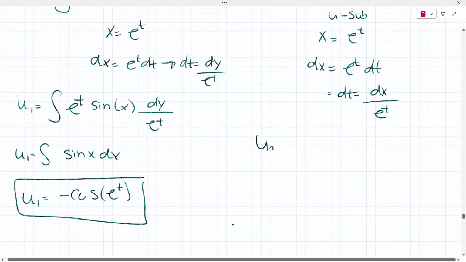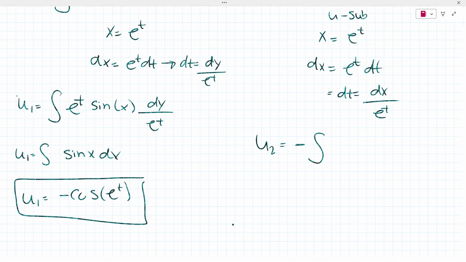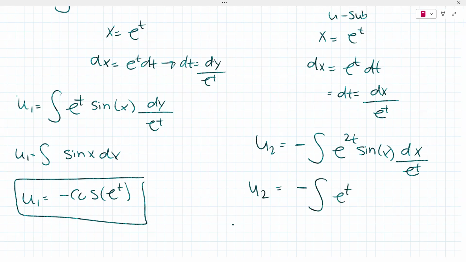So my u2 is negative the integral of e^t sin(x). And then you can replace dt with dx over e^t. So my u2 is negative the integral of e^t sin(x) dx.